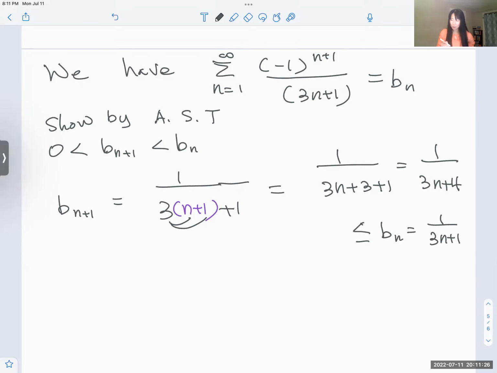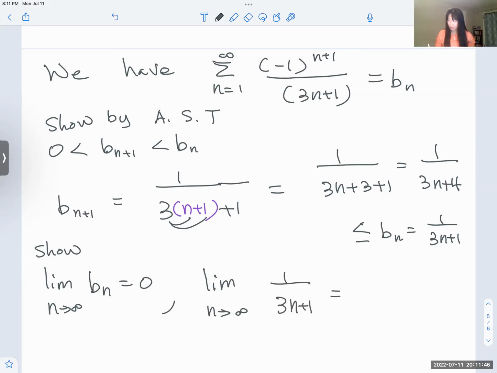Let's show the limit. When n approaches infinity, b sub n equals 0. So the limit as n approaches positive infinity of b sub n, which is 1 over 3n plus 1. What do you get?